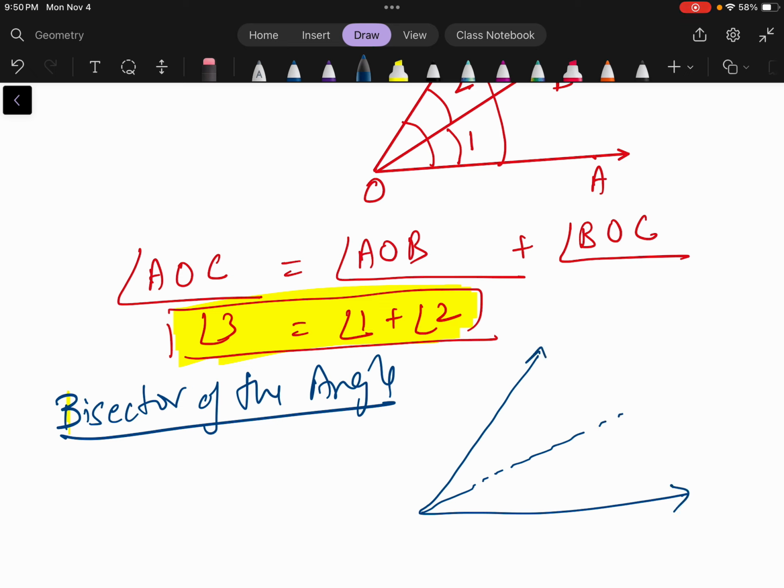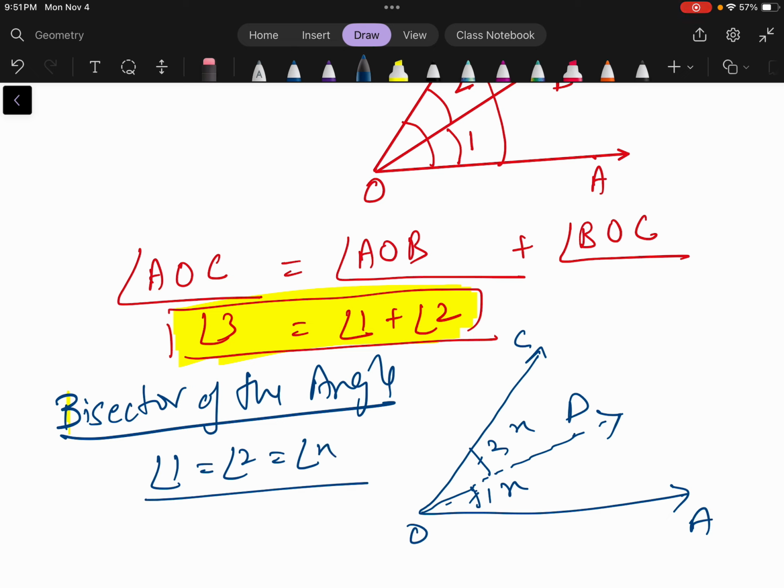Let's take an example with A, O, C, and this is D. This angle 1 and this angle 2, it's bisecting, meaning it is dividing into two equal halves. So this angle is also x, and this angle is also x. So angle 1 is equal to angle 2 is equal to angle x. Clear? This is known as the bisector.